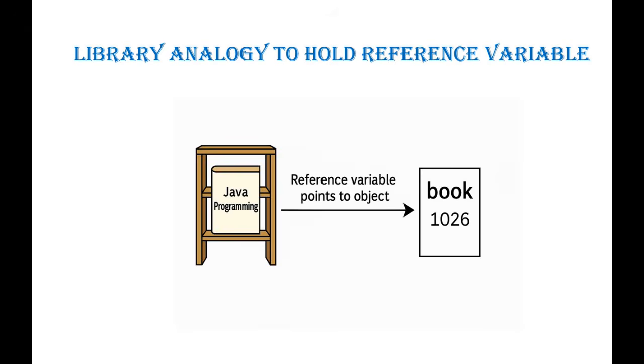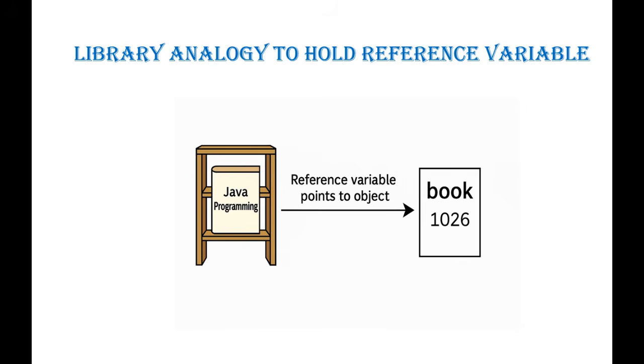You have all visited your college library or school library and asked a librarian to issue a book. Suppose I go to my college library and ask my librarian to issue a book named Java Programming. Is it possible for the librarian to issue me the book directly? No, it is not possible, because the library has numbers of books present inside it.